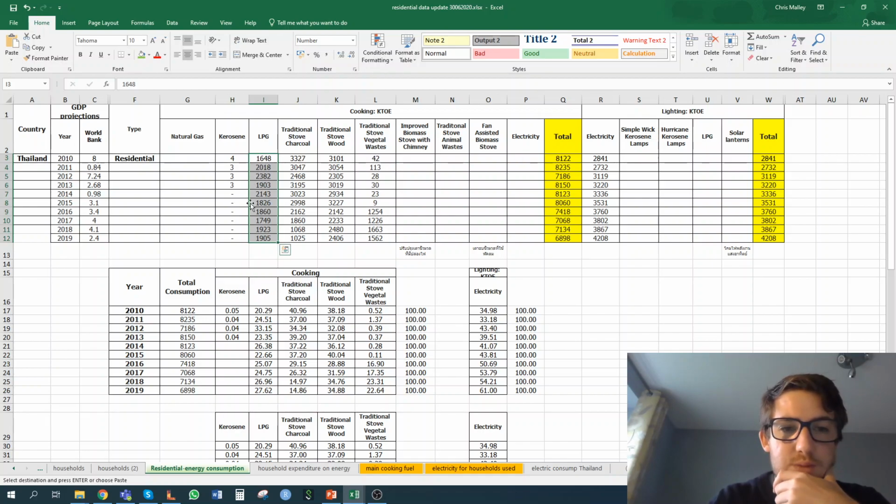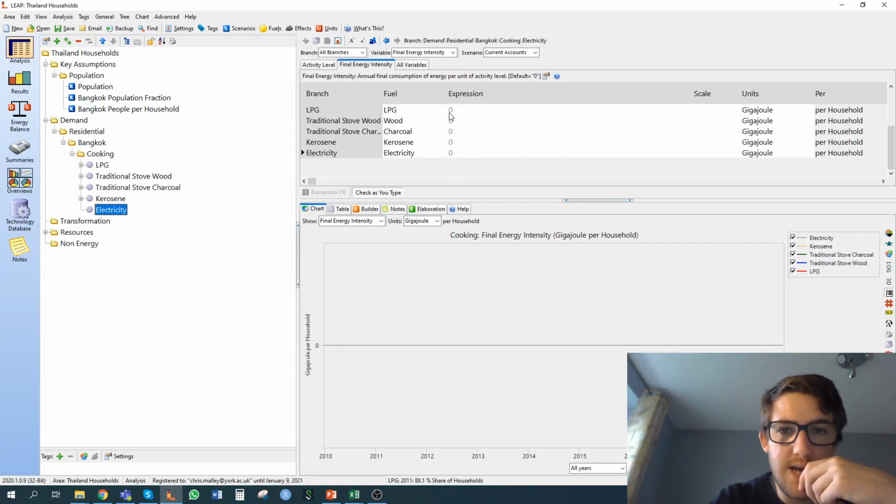So we can assume that that is all consumed for cooking, let's say. So let's take 2017 as the example. 1,749 thousand tons of oil equivalent across the whole of Thailand is consumed for cooking. The value we want is how much does one household that uses LPG for cooking consume?